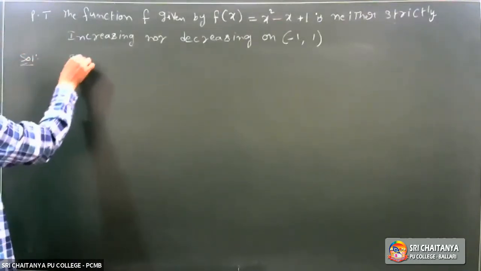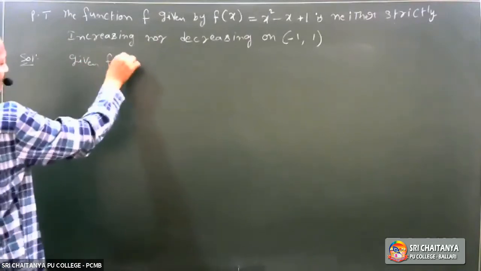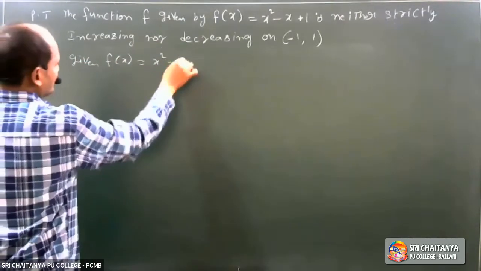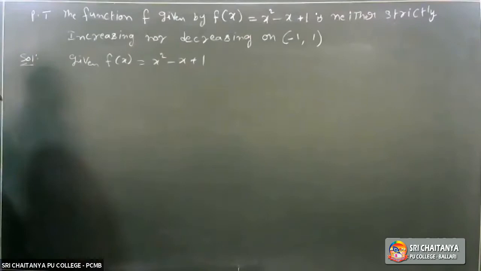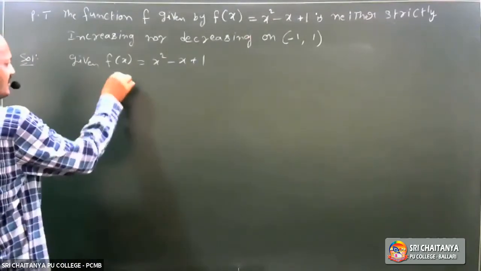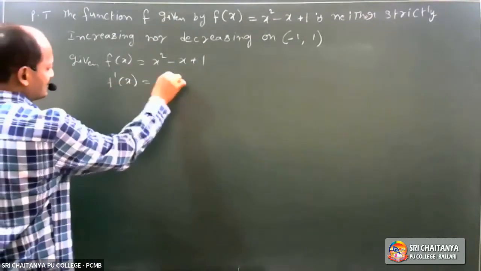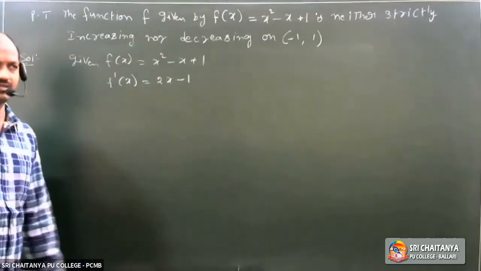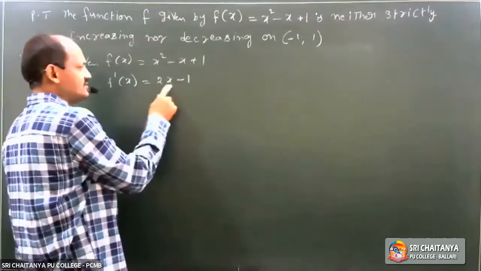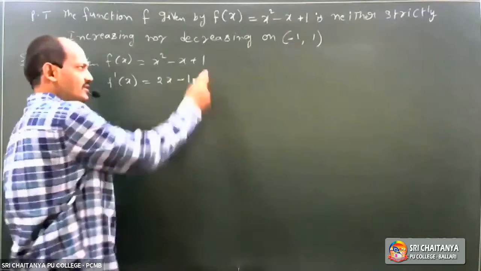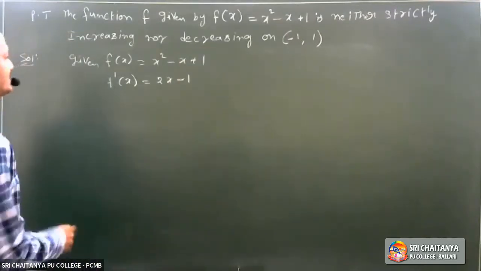First, given f of x is x square minus x plus 1. What about its derivative? F dash of x is 2x minus 1. Derivative of x square is 2x, derivative of x is 1, derivative of the constant is 0.